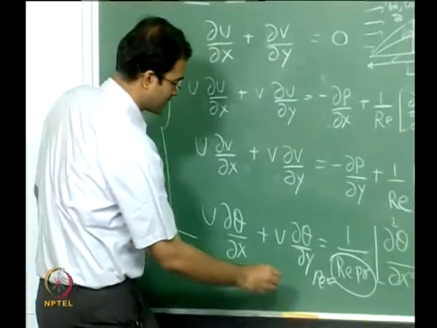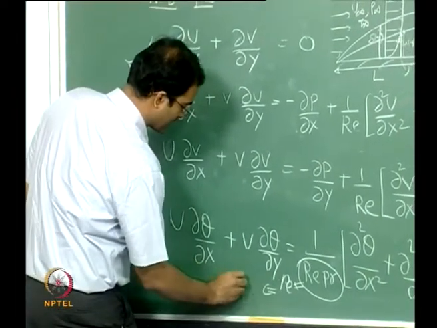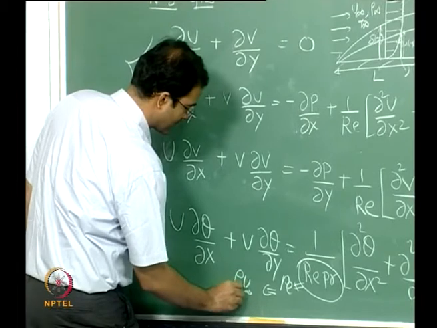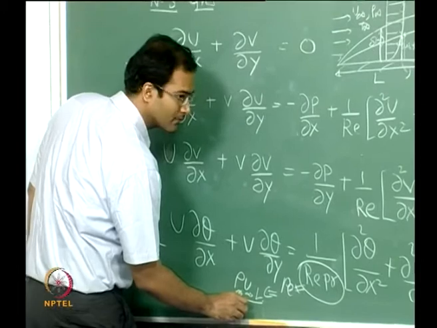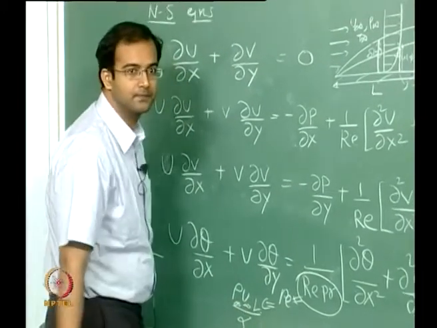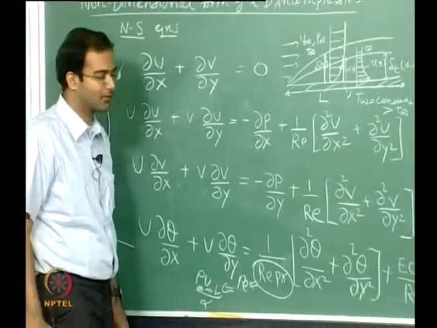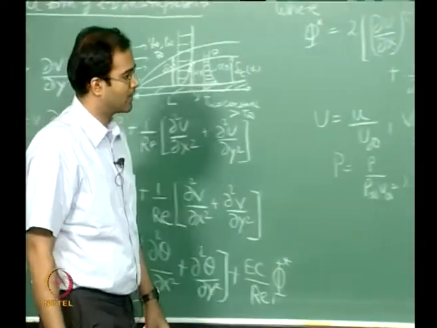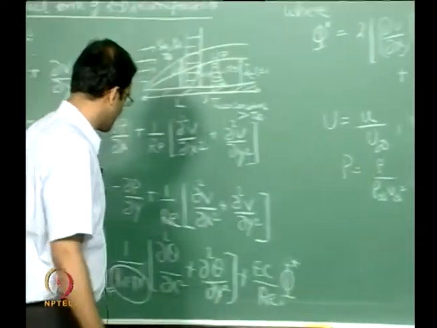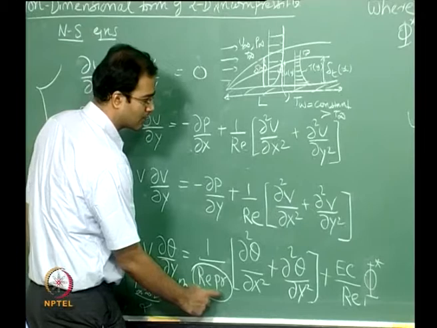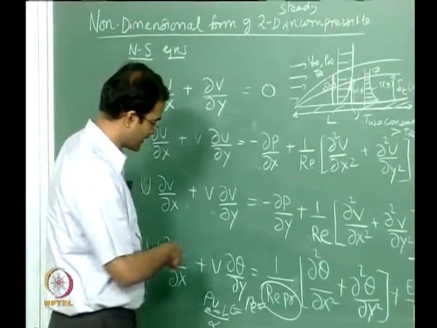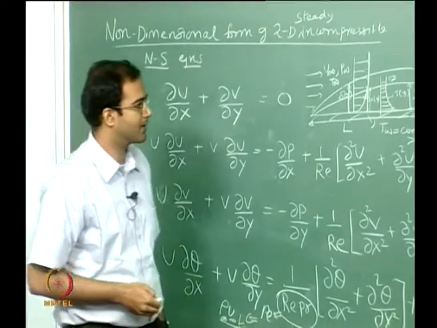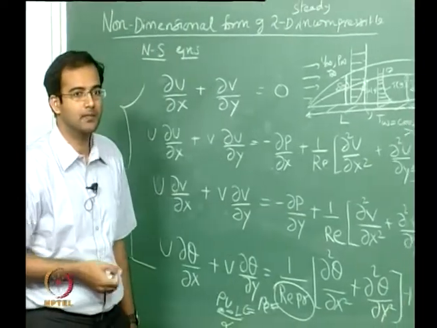So this is nothing but your rho infinity u infinity L by alpha. So this is also referred to as the Peclet number. Most of the times you have this pair coming into many of your expressions, so therefore they have combined that and it's denoted as a Peclet number. So any other non-dimensional numbers?